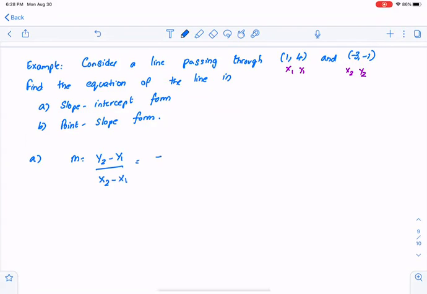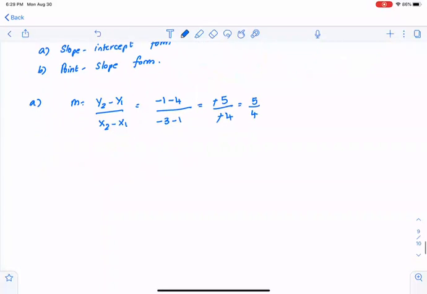So we have -1 minus 4 divided by -3 minus 1. -1 minus 4 is -5. -3 minus 1 is -4. And always, if you can get rid of the negative sign, get rid of it. So don't keep that around. So m would be equal to 5/4.